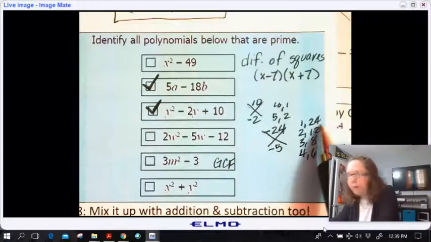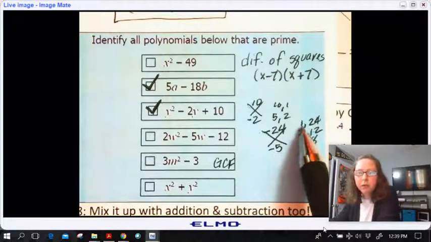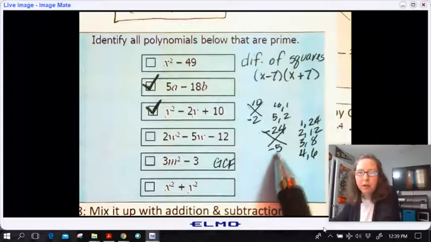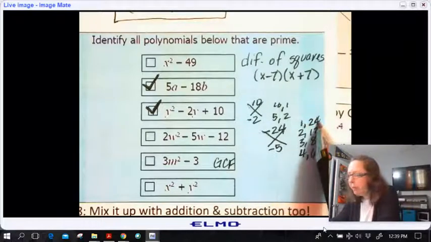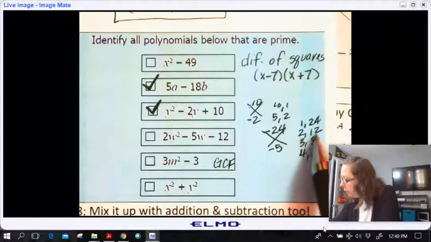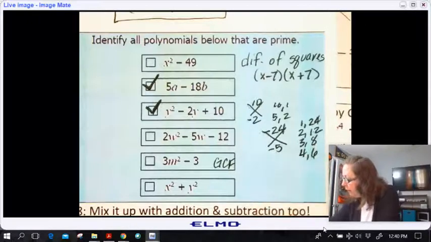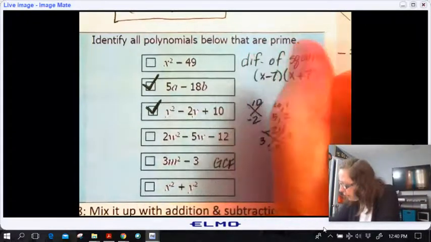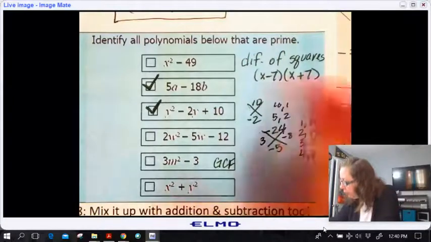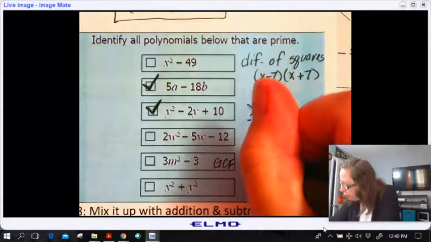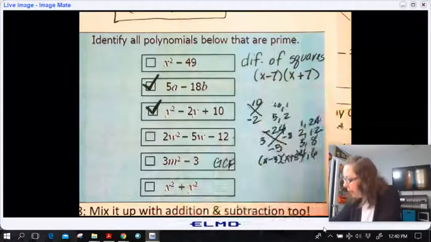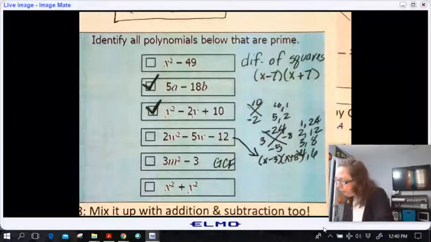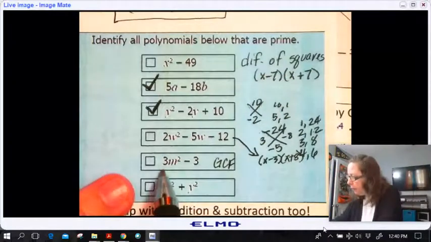So one of them has to be positive, one has to be negative. So the larger one would have to be negative to combine them and get a negative 5. So 1 minus 24 would be negative 23. 2 minus 12 would be negative 10. 3 minus 8 would be negative 5. So 3 and negative 8. So this is factorable. My solution would be x minus 3, x plus 8. So that is factorable.